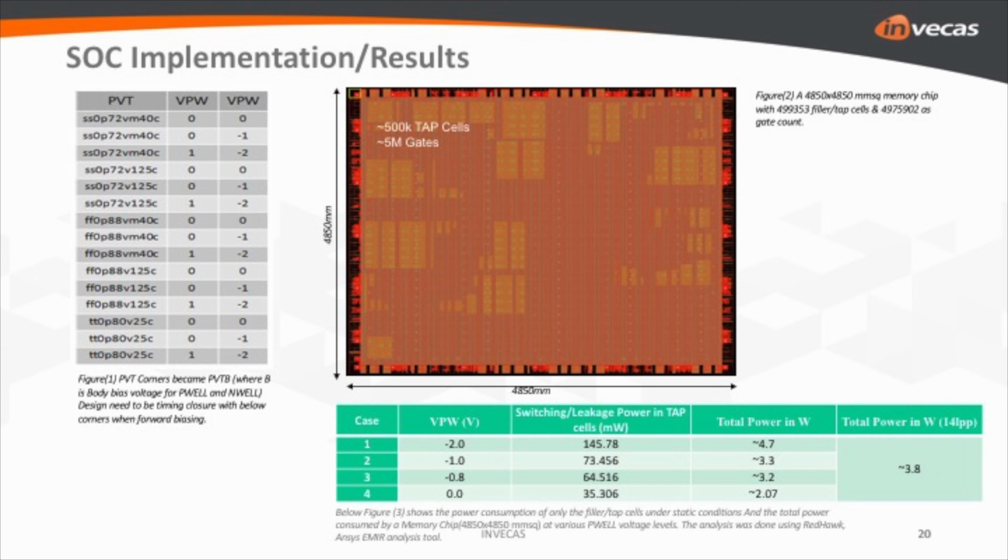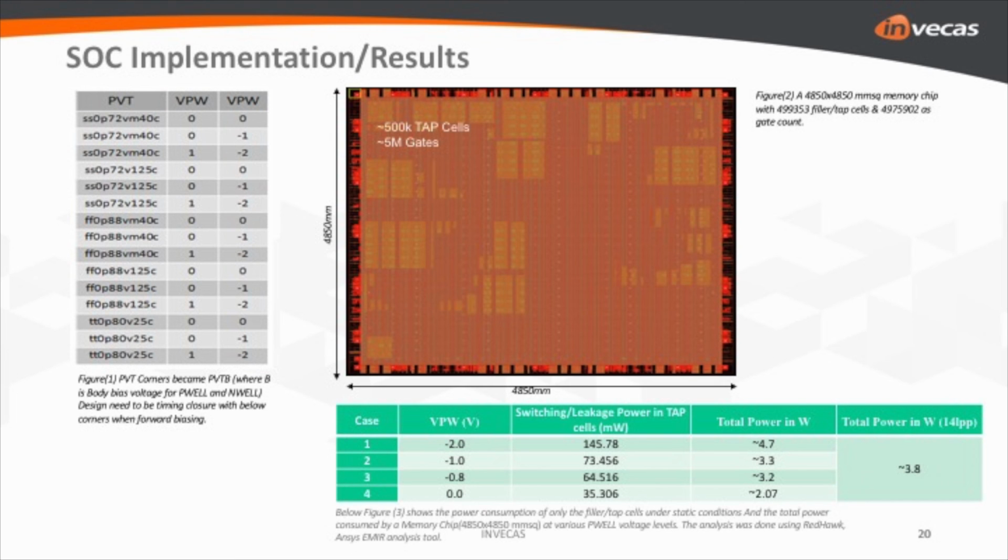If you look at the P-well voltage of -2 volts, the switching and the leakage power in the tap cells was approximately 145 milliwatts, whereas the total power in the chip was about 4.7 watts.